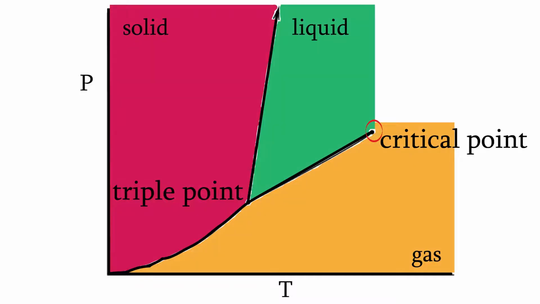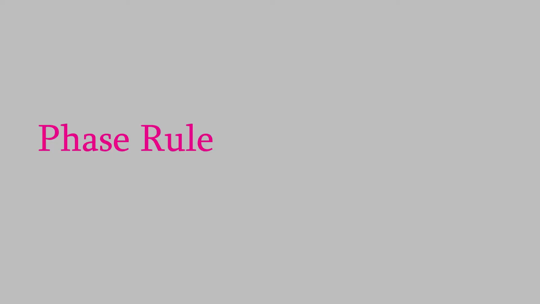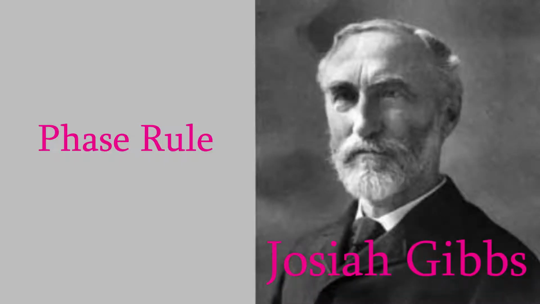One important concept that will help us tie phase diagrams to the work we did with phases in previous videos is called the phase rule. The phase rule is a simple equation derived by Josiah Gibbs, and it describes the behavior of the phases in a system at equilibrium.